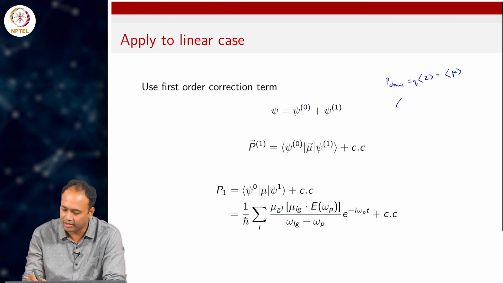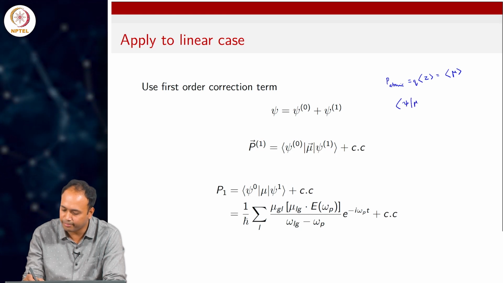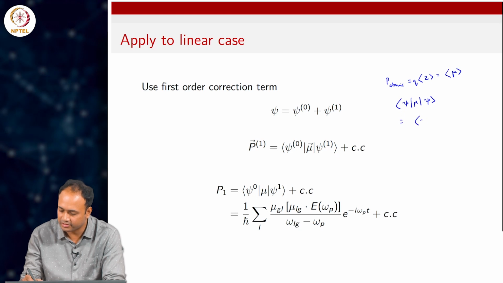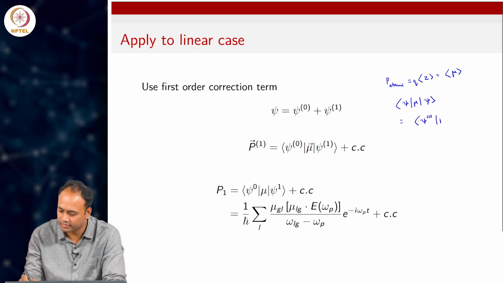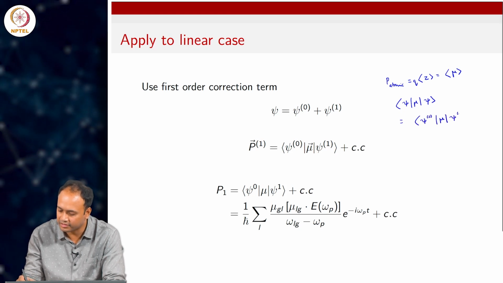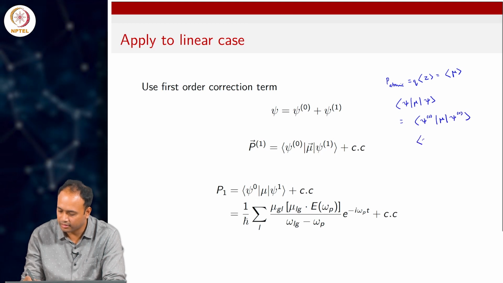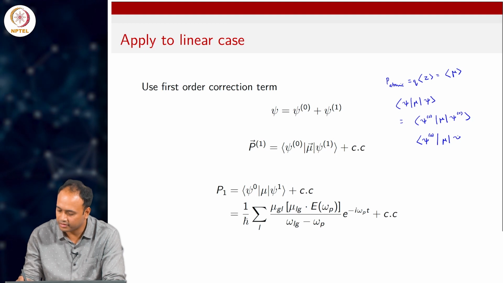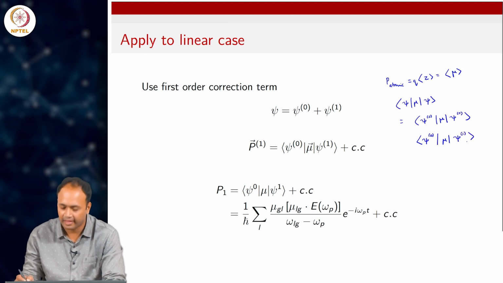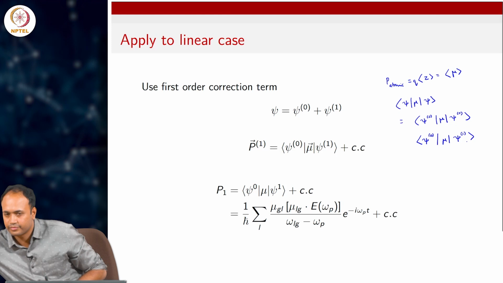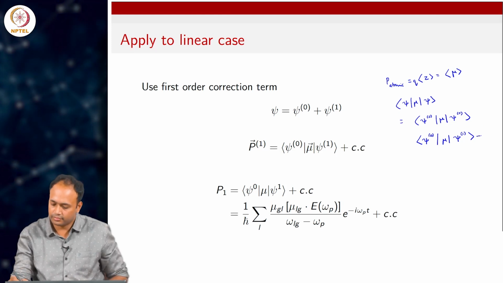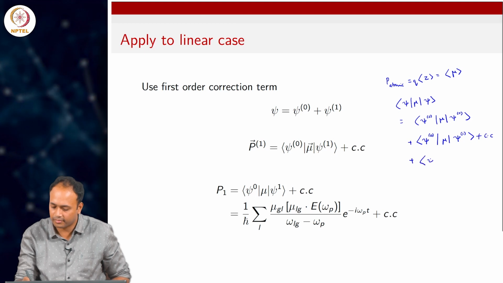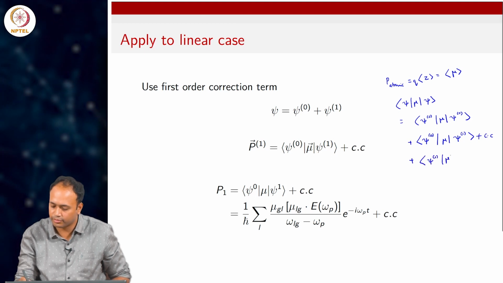So, I want to compute psi mu psi, which will give us psi naught mu psi naught, psi naught mu psi 1, and you get a complex conjugate also, and you also get psi 1 mu psi 1.